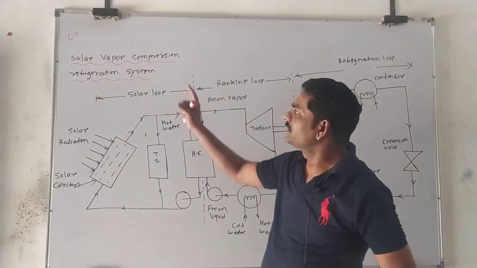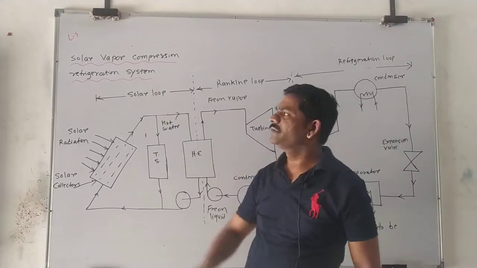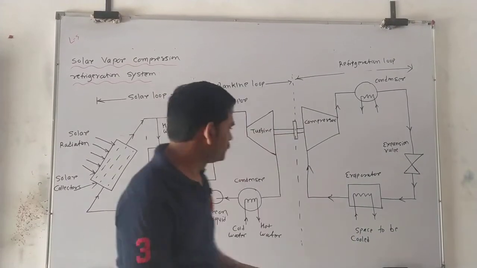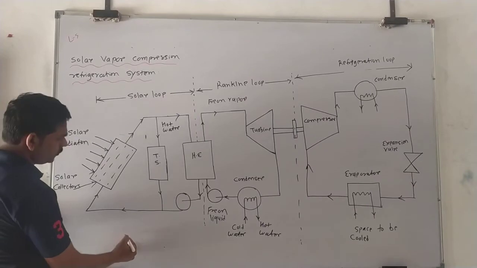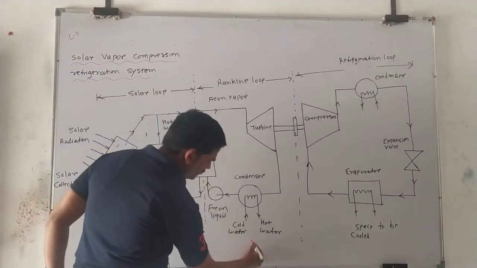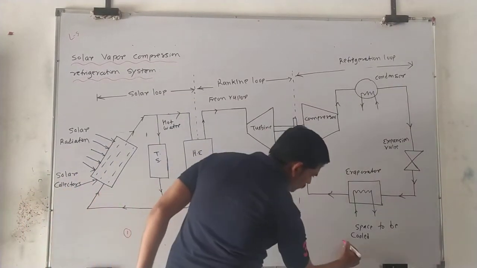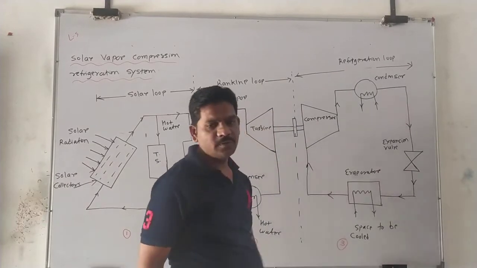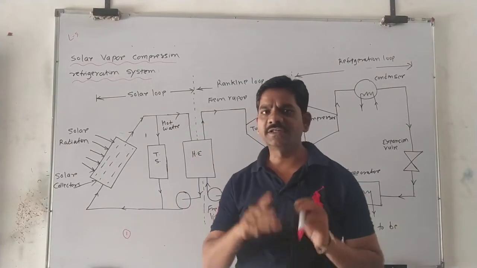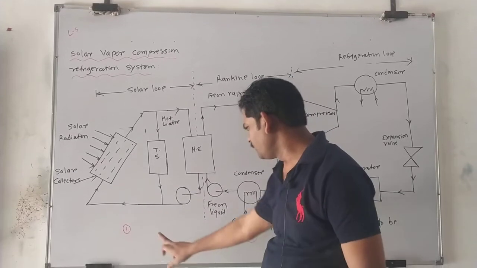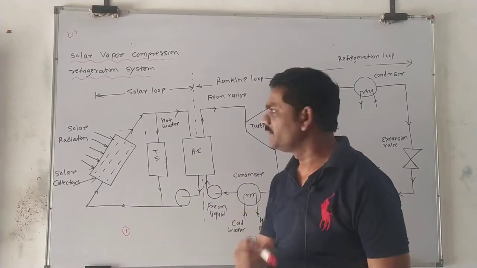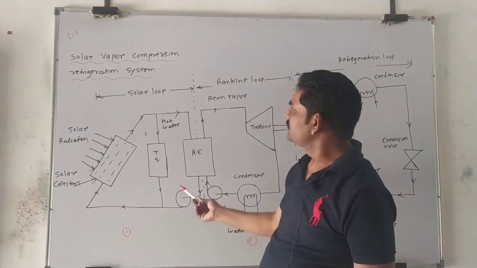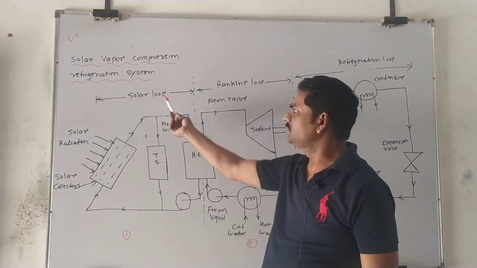Okay, so what is the title? Solar vapor compression refrigeration systems. See here, how many loops are there? There are a total of 3 loops: loop 1, loop 2 and loop 3. Yes or no? Yes. If you consider the first one, it is called the solar loop.